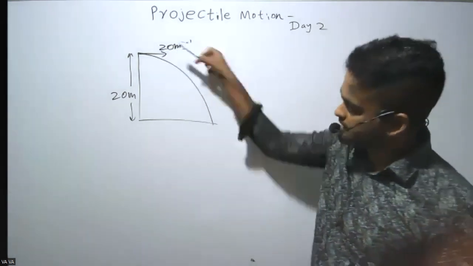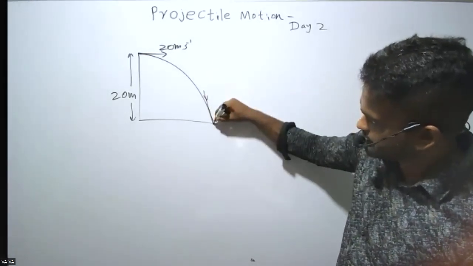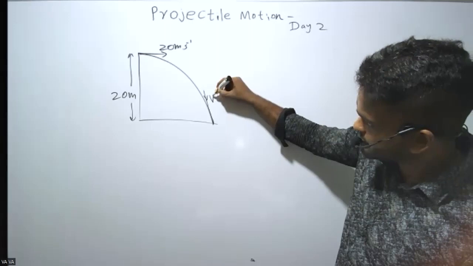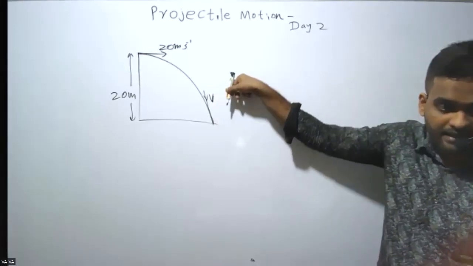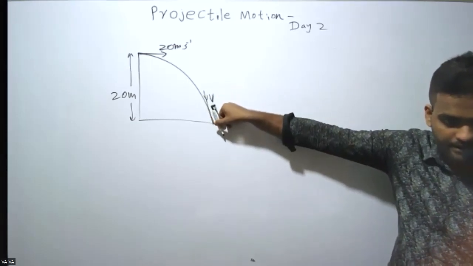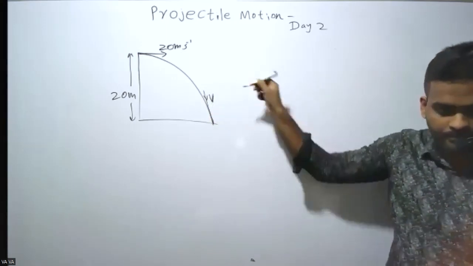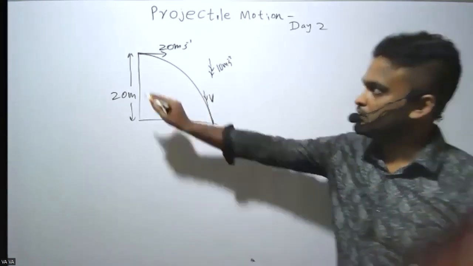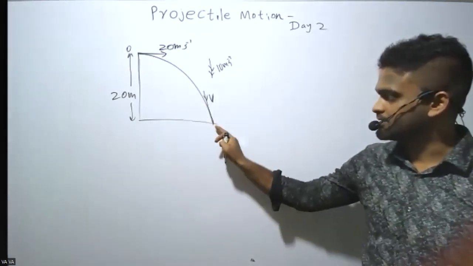So you know that it hits the ground here, right? What they ask is this velocity. It doesn't hit vertically, right? It hits with an inclination. So this is point O. It starts from O, ends at A.